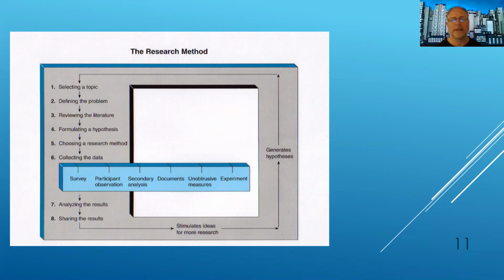Peer review is an awesome part of the scientific method because it allows other scientists to take a look at what you've done and to either say, this is good work, I want to sign off on it and give my approval, or look at it and go, this is horrible work.